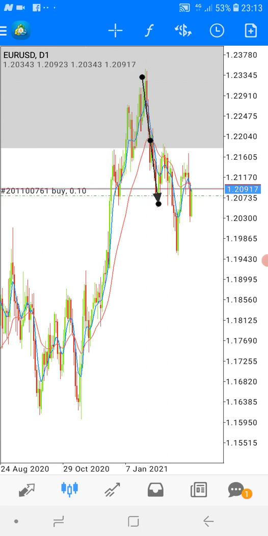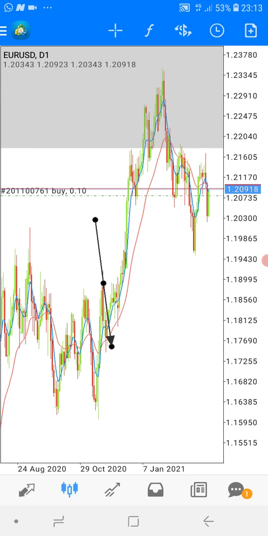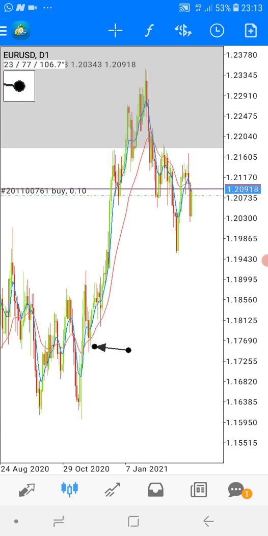Right, and then from there, I just wait for price to test that move that took out previous structure, and the test was right here where the arrow is pointing. And then from there, price went down. So what you guys need to be aware of is that it won't always be the case where price will test, for example, the very top of the supply zone. Sometimes price will just test the lower supply zone that was formed and then go down.